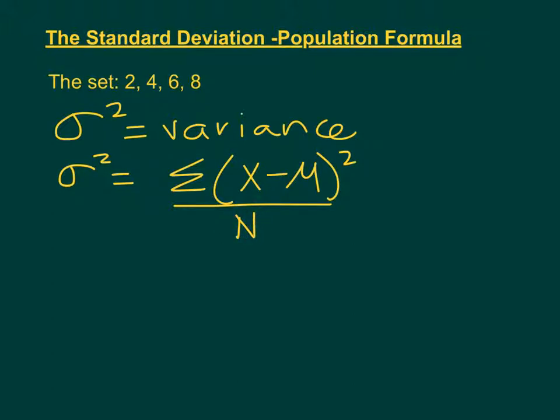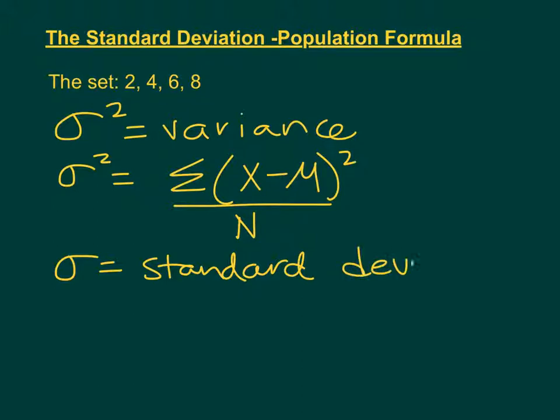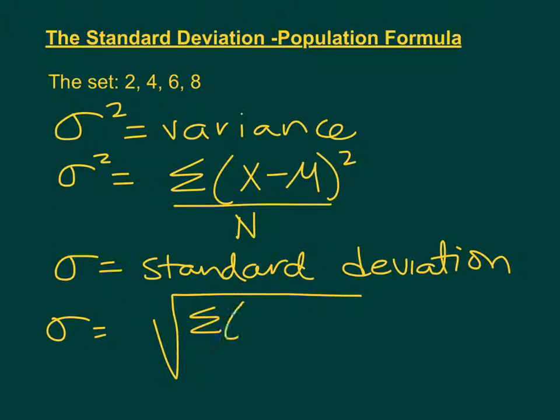Now the standard deviation formula will just be sigma, not the squared, because you take the square root, you get a sigma. And then this would just be the square root of the formula that we have above. There you have it. So that's the formulas for the variance and the standard deviation.